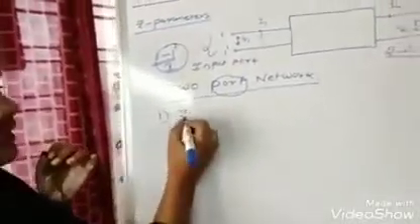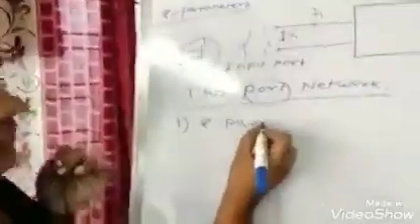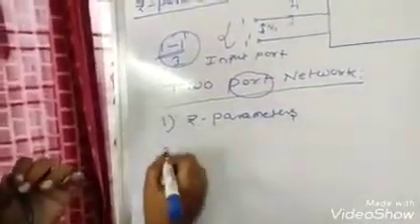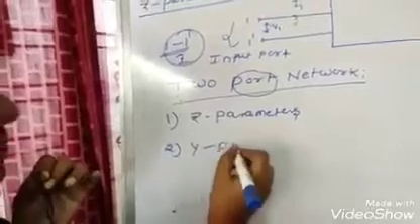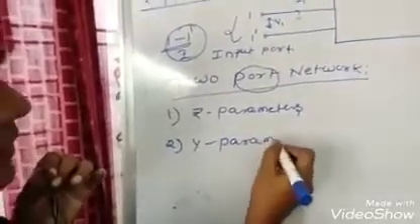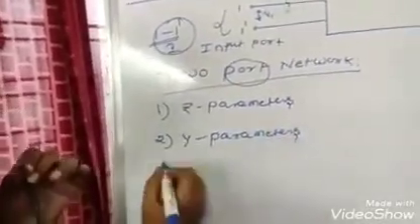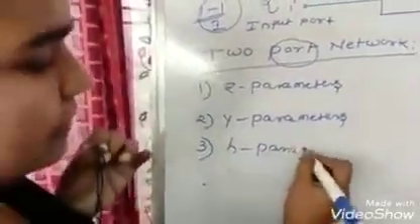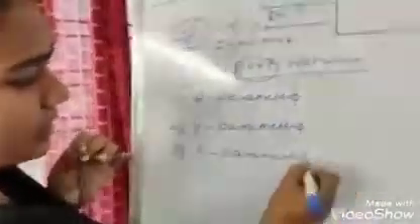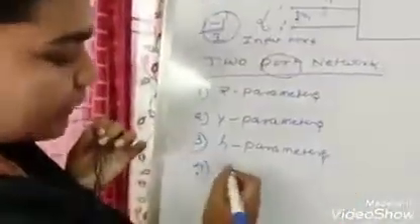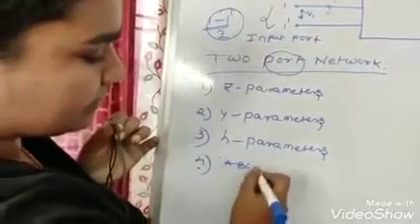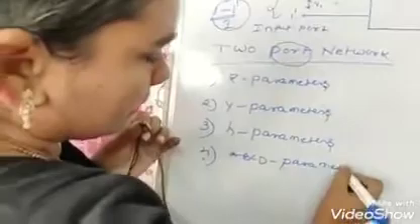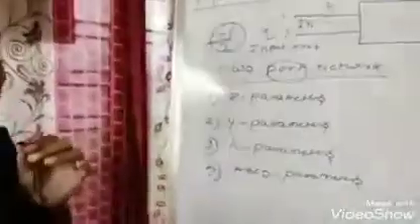The first one is the Z parameters, the second one is the Y parameters, the third one is the H parameters, and the fourth one is the ABCD parameters. These are the four categories.